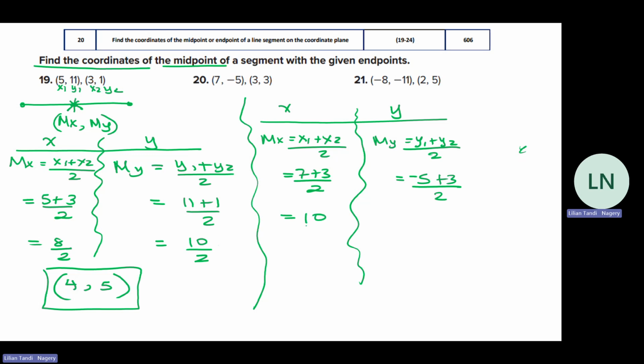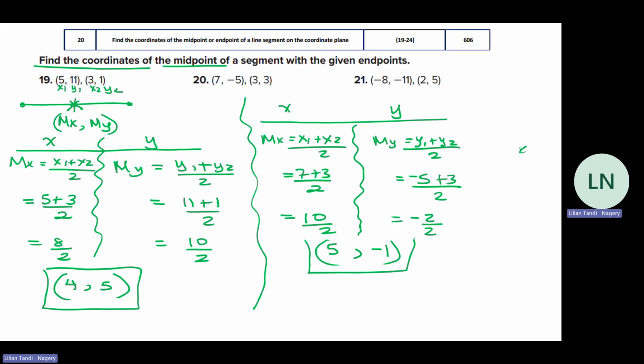You're going to get 10 divided by 2, negative 2 divided by 2. And your answer will be 5, negative 1. And you box your answer. And remember, you want to find mx, my. That's what you're finding. Okay?